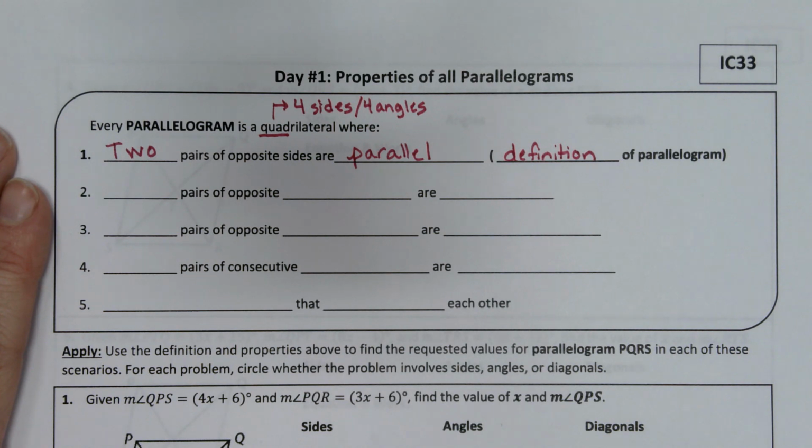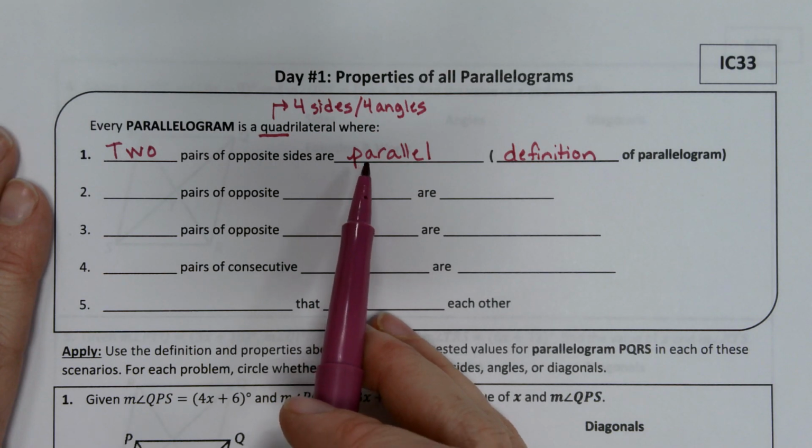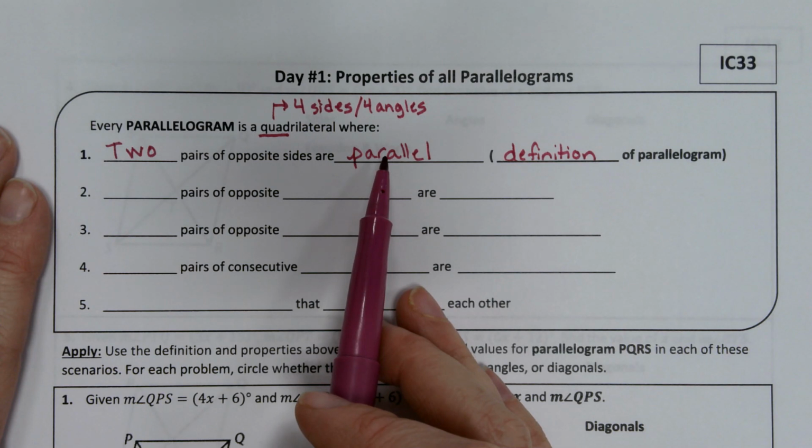All right, now when that happens, there are all kinds of other things that occur along with our 2 pairs of opposite sides being parallel. First off, when we have parallel lines, that means we have a whole bunch of angle facts that we've learned in our Standard 6 and worked on in Standard 7 related to alternate interior angles, alternate exterior angles, consecutive interior angles, and corresponding angles.